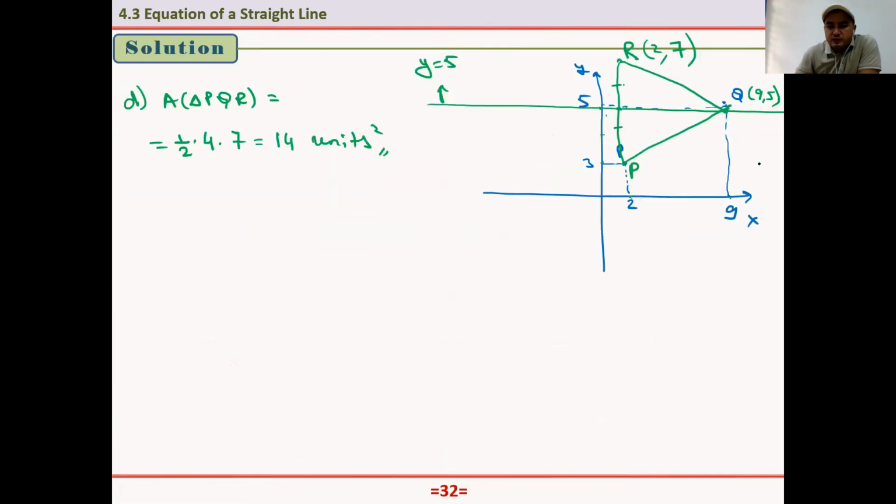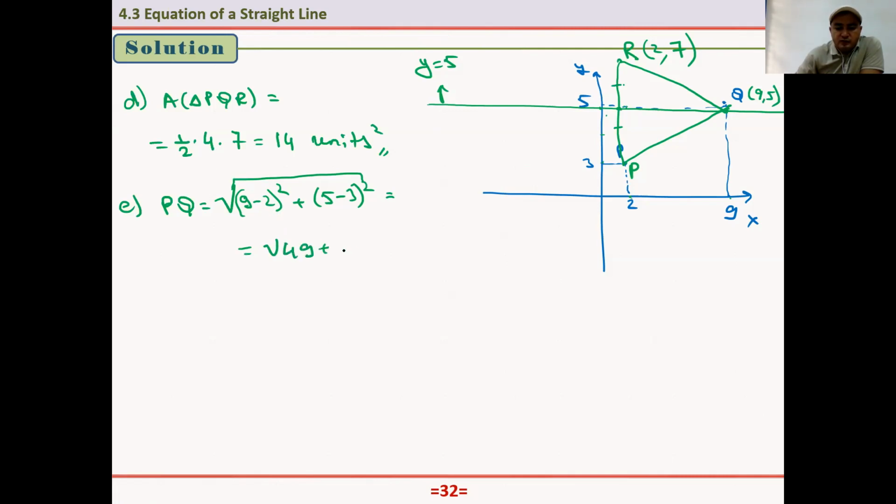And we know the coordinates of P and Q. So PQ is equal to the square root of the square of the difference of x, that is 9 minus 2 squared, plus the square of the difference of y, that is 5 minus 3 squared, which is 7 squared, that's 49, plus 2 squared, that is 4, which is equal to the square root of 53.